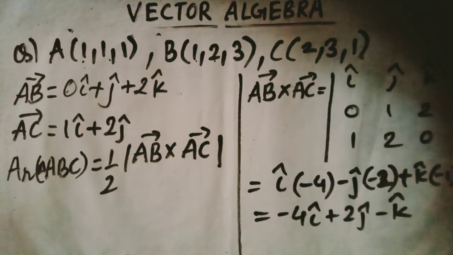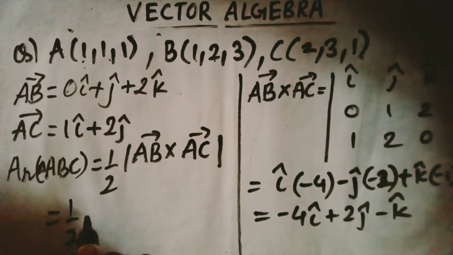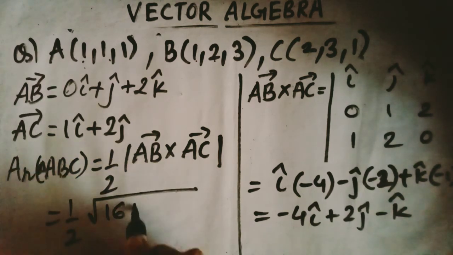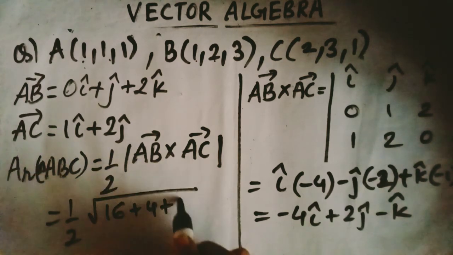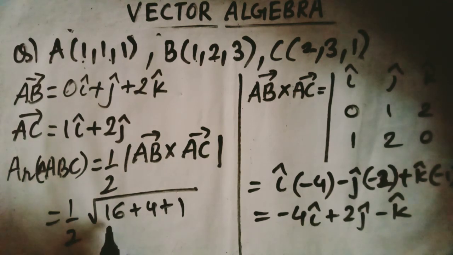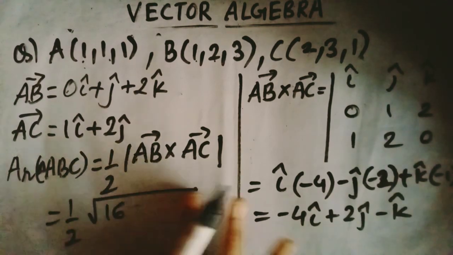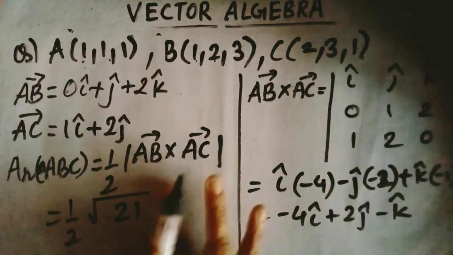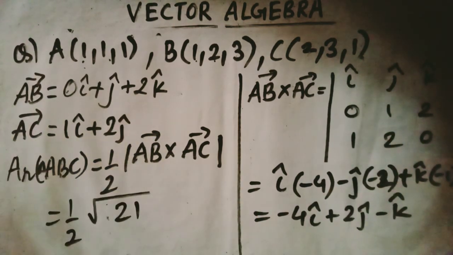Now you have to find magnitude of that. So magnitude of that is root of 16 plus 4 plus 1. So this is root 21, and the area is half root 21. So this is the area of triangle ABC.